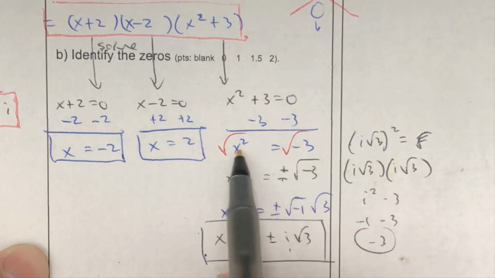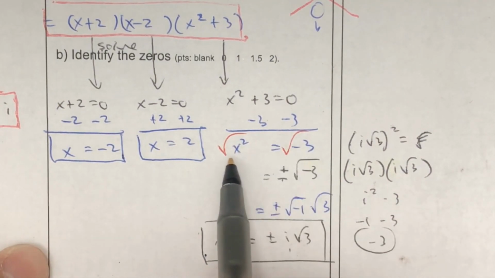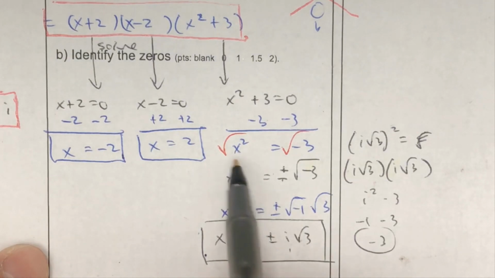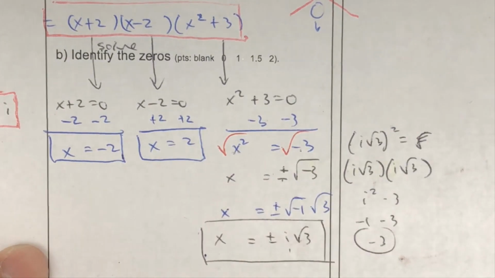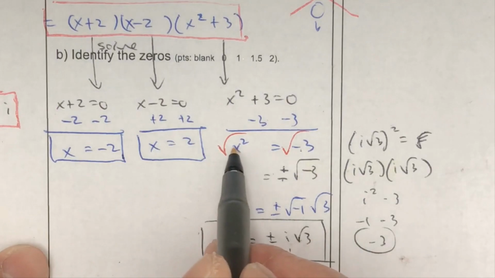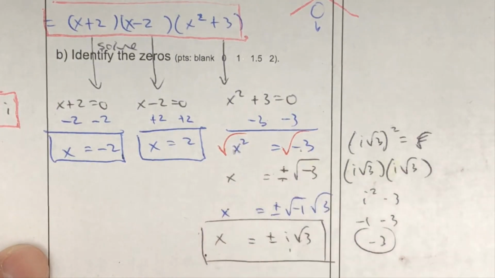So that proves to you, not in the red, but if you put in positive i radical 3 or negative i radical 3, it'll equal -3. So there are two answers that you can put in for x. Squared will give you -3.